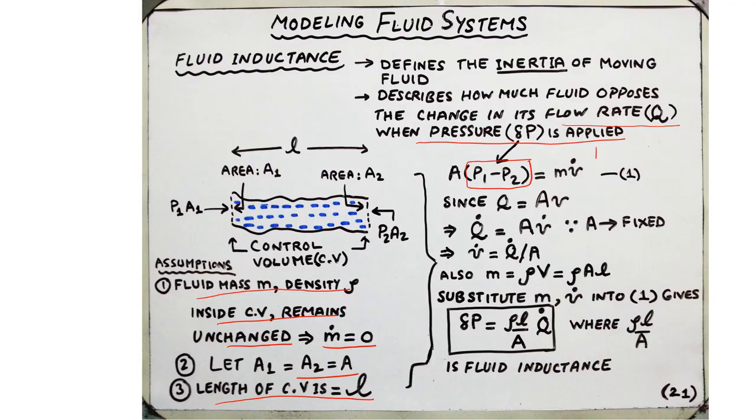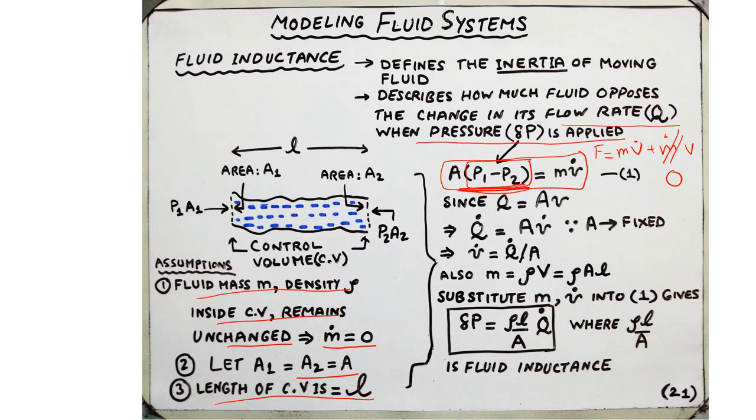Remember, our previous expression was F equals m v dot plus m dot times v, and we said that m dot equals 0, so that term is 0, and the remaining expression is the force equals m v dot, and the force is further resolved as the area times the difference of pressure.